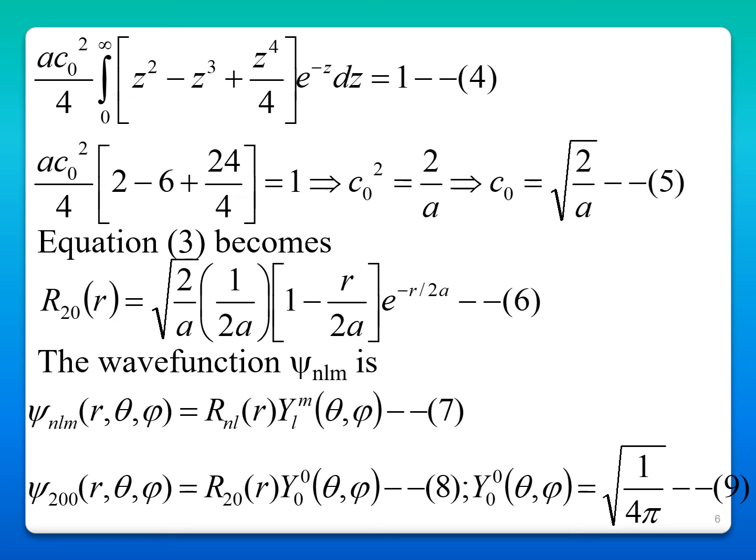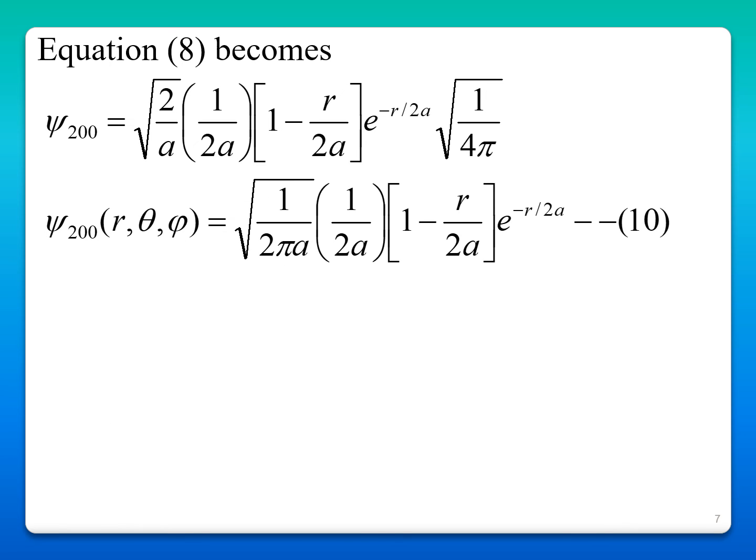Y00 of theta and phi is square root of 1 by 4 pi. So if you substitute all these values, psi 200 is equal to square root of 1 by 2 pi a, into 1 by 2a, into 1 minus r by 2a, e power minus r by 2a.